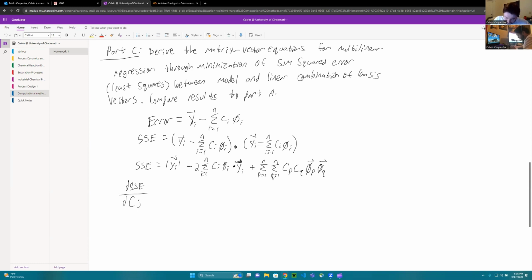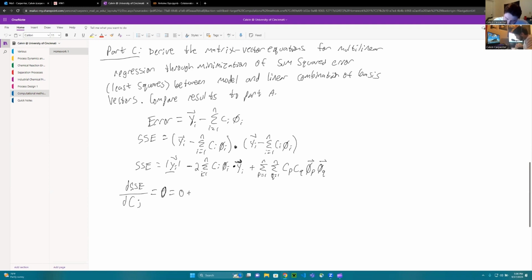So to minimize this derivative, we want to set it equal to 0. And so when we take the derivative, this yi term is going to be 0.